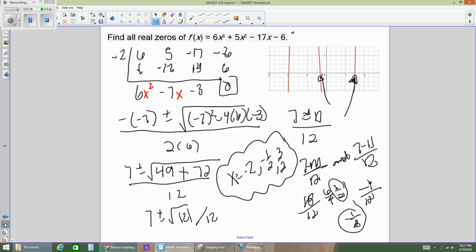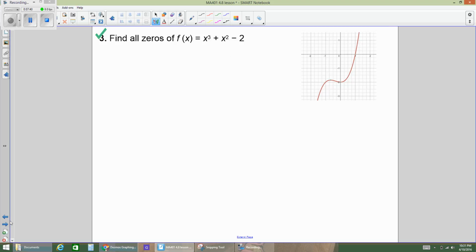Okay, one more for us. Find all zeros. So our function is x cubed plus x squared minus 2. As you can see, it only crosses the x-axis once. So I'm going to have imaginary zeros. So I already know that I am going to have to use the quadratic formula.